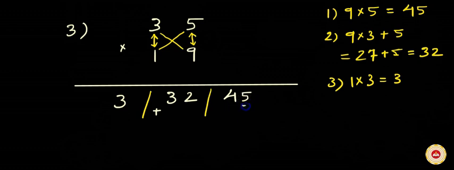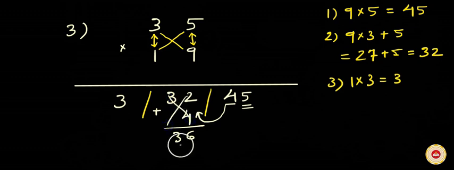So let us retain the units place digit 5 in the right part and let us pass this 4, which is an extra digit, to its immediate left, which is 32. So add this extra digit 4 to 32 and we get 36. Now forget it. Middle part is 36 now.